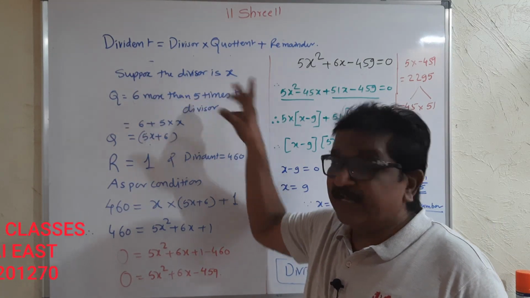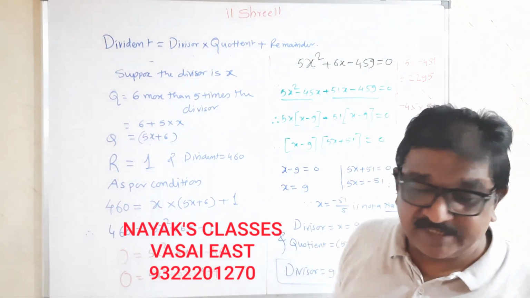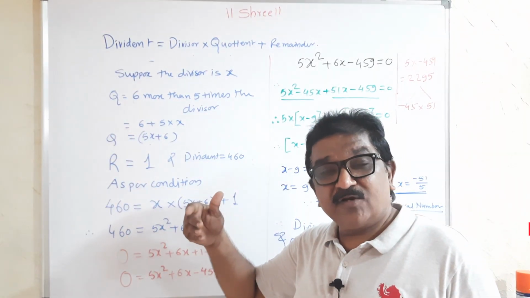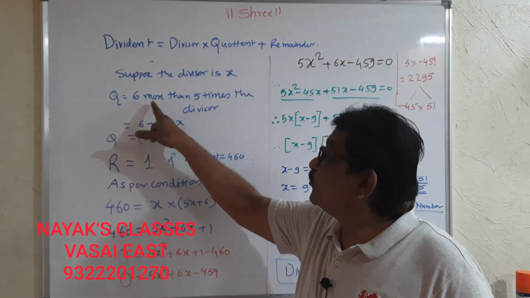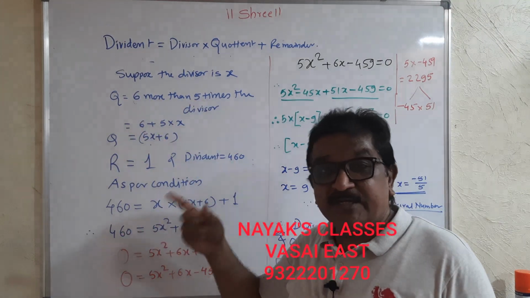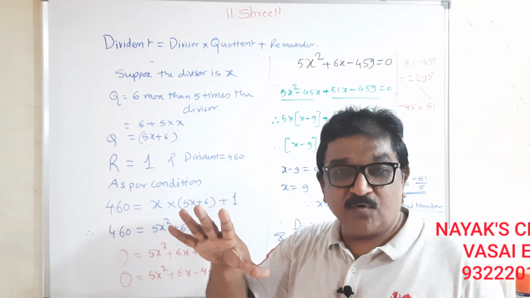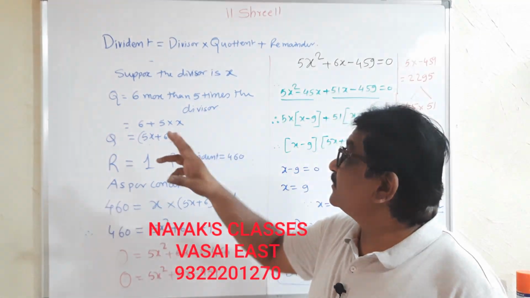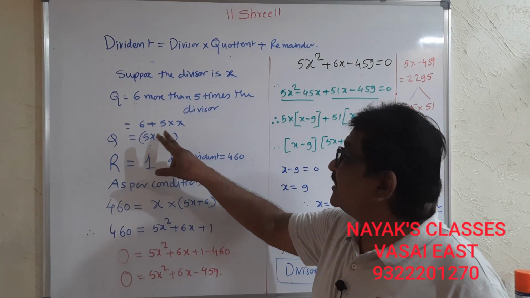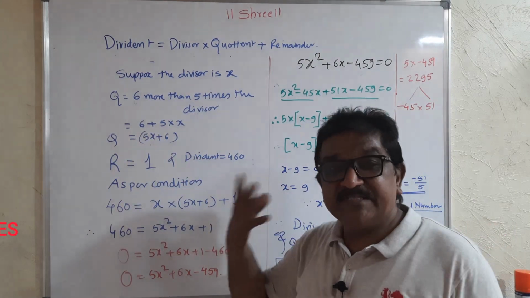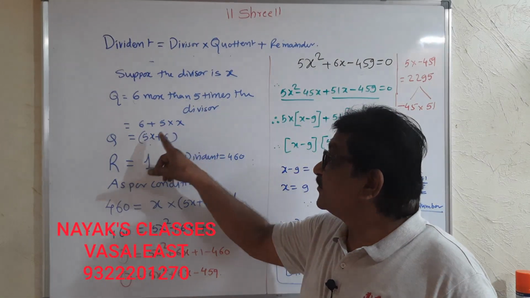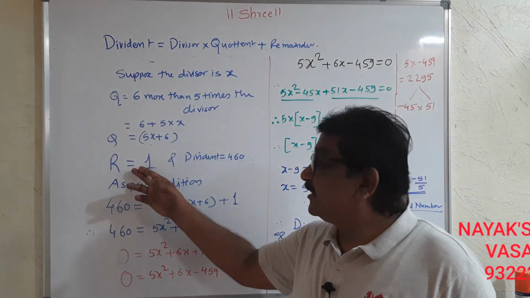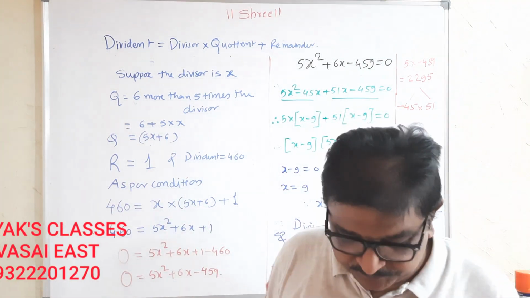Suppose the divisor is x and the condition says the quotient is 6 more than 5 times the divisor. So 6 more is plus 6, and 5 times the divisor, it is x. So 5x plus 6 is the quotient and the remainder is 1, they have given.